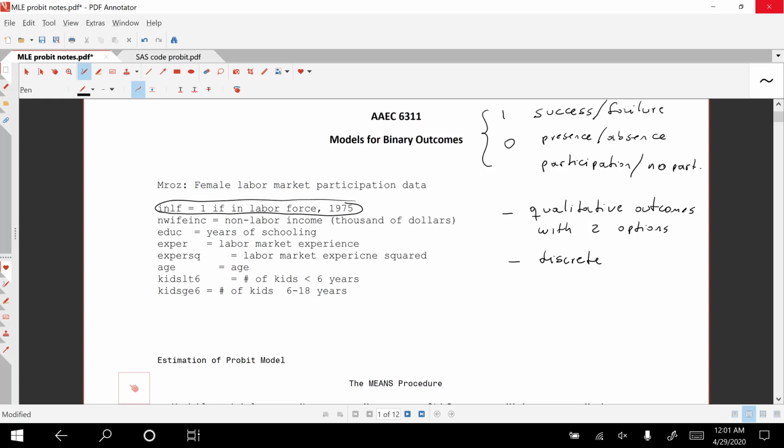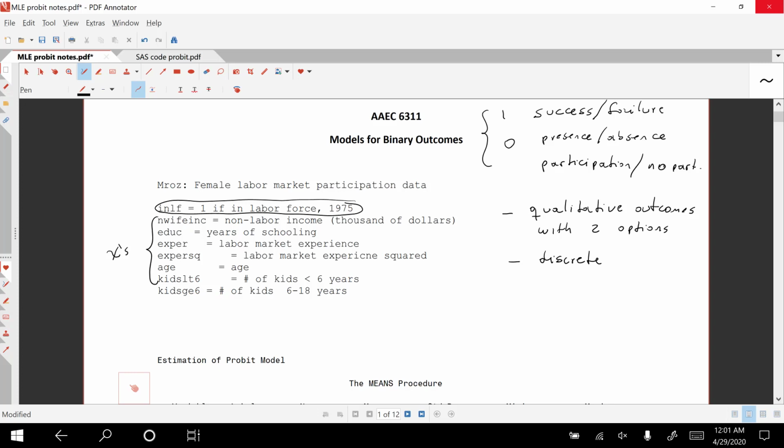And there were several factors that were considered. The objective was to look at the effect of these factors on female labor participation in the labor market.